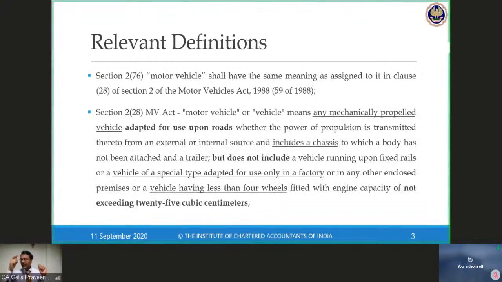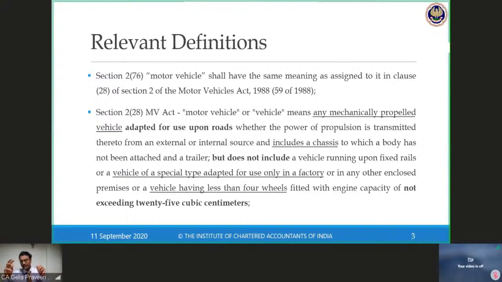Also it says any vehicle which has less than 4 wheels. So if a vehicle has 3 wheels, can I call that a motor vehicle? The answer would be no. It is a vehicle which has 3 wheels, with a capacity not exceeding 25 cubic centimeters, 25 cc.